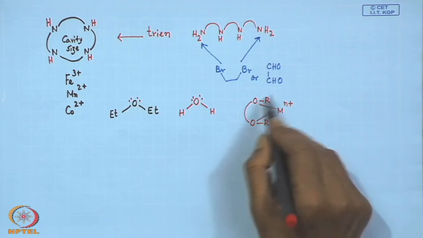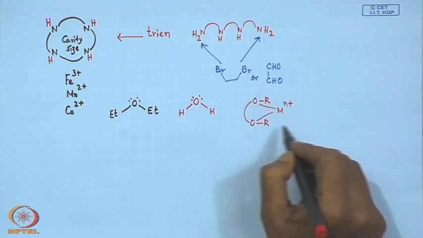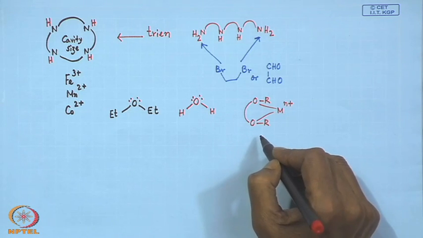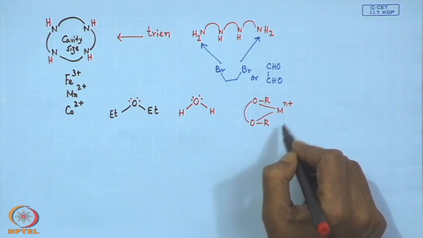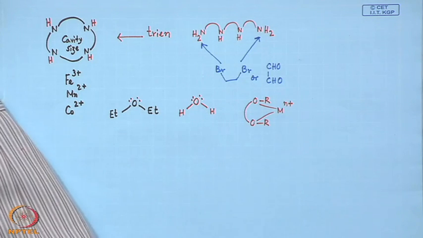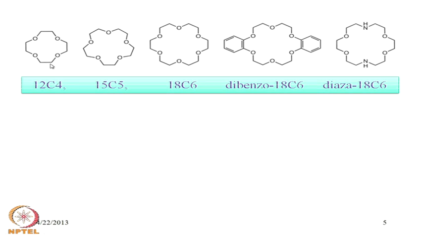So, if we now complete the cycle with 3 or 4 donor atoms, 4 ether-like donors, we get a cyclic system, and these cyclic systems are known as crown ethers. These are another group of ligands in this particular class. They are crown ether ligands, because they are very useful and they can bind to metal ions like sodium, potassium and others, very weakly, like the coordination of a water molecule.